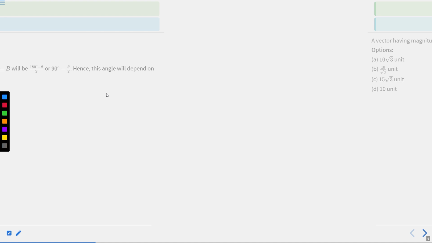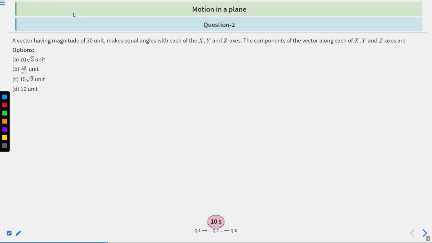Next, second question. A vector having magnitude 30 unit makes equal angles with each of the x, y, and z axes. The components of the vector along each of the x, y, and z axes are, which one is correct?